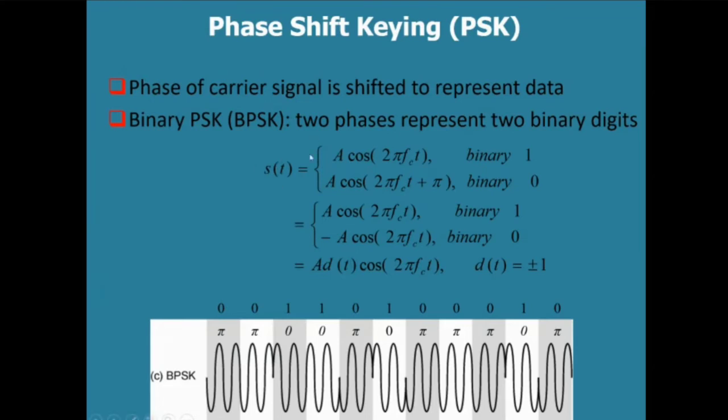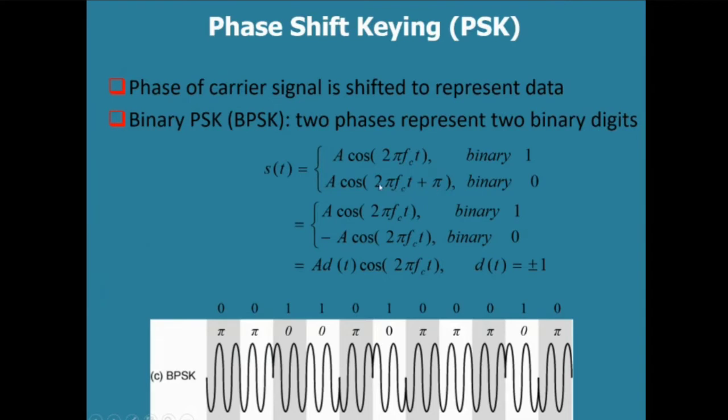S of t equal to A cos 2 pi FC t, this is for binary 1, that is a 0 degree phase shift. And S of t equal to A cos 2 pi FC t plus pi for binary 0. Pi represents a 180 degree phase shift.